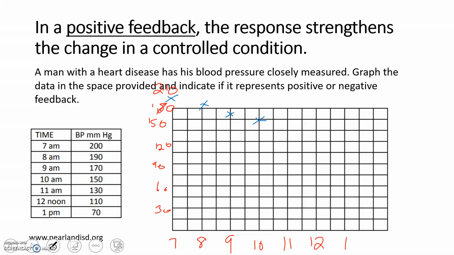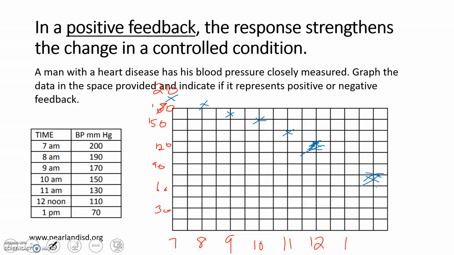So I'm going to say around here. At 12 it was at 110, so around there. Oops, 110, so it's going to be around here. Yep, 110. And at 1 it was at 70, so this is 60, so 70 would be around here.